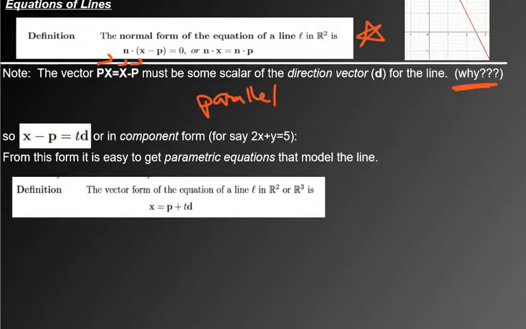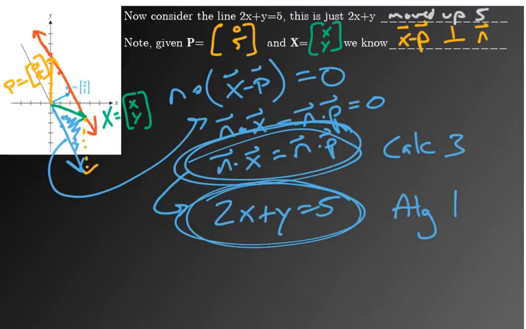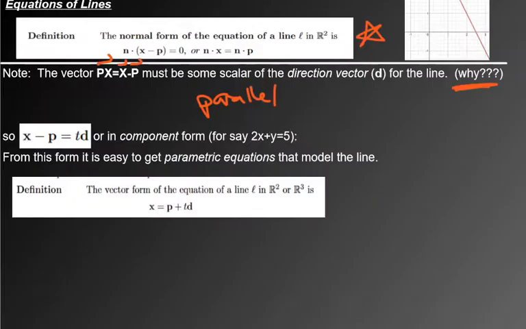So if I go back here, when I take this right here, which was x minus p, this has to be a scalar of the direction vector, because that's just what our definition of parallel means in vector language. So what we can translate that to is this statement right here. So t is just some element of the reals here.